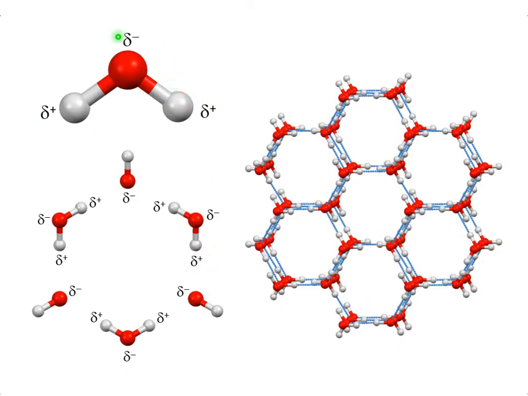Because of this charge distribution, we have a small negative charge in the vicinity of oxygen and 2 small positive charges in the vicinity of hydrogen. Of course, the negative is twice larger than the positive because of electron neutrality of the system. So in the solid state, water molecules will be organized in such a fashion.